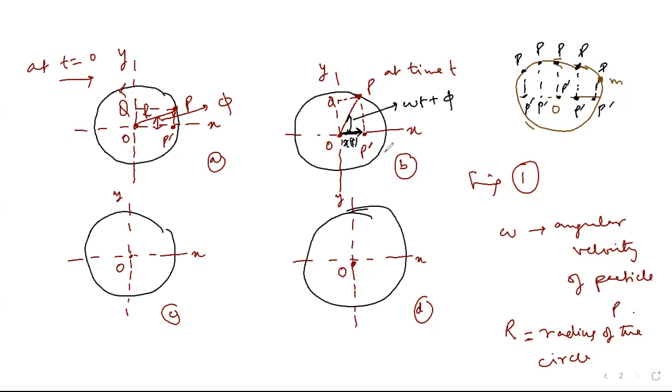Now you can see the projection of OP along the x-axis, or equivalently the x component of the radius vector corresponding to OP, this distance x of t, is r cos(omega t plus phi).